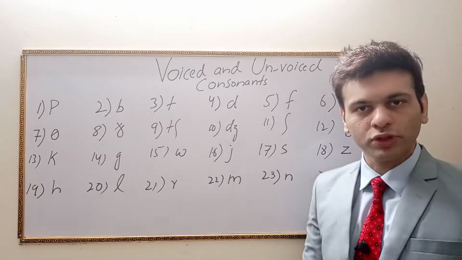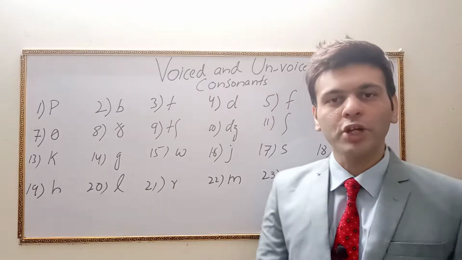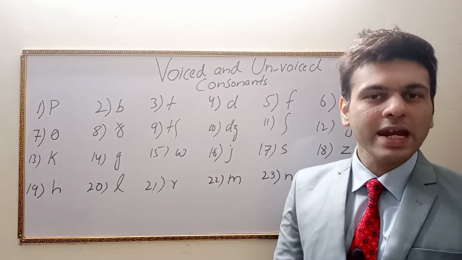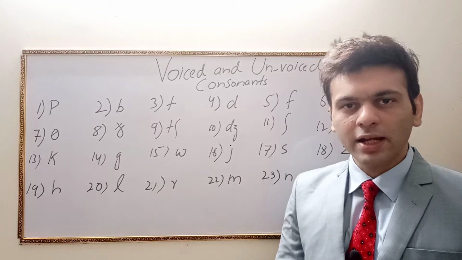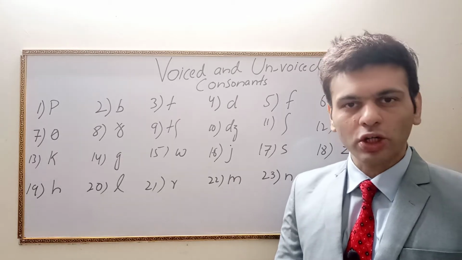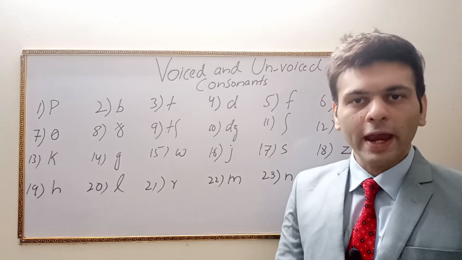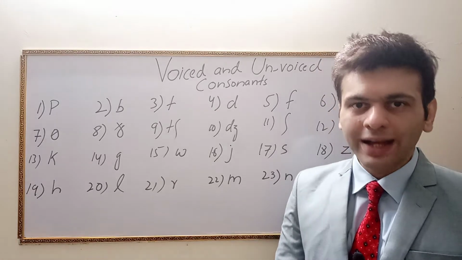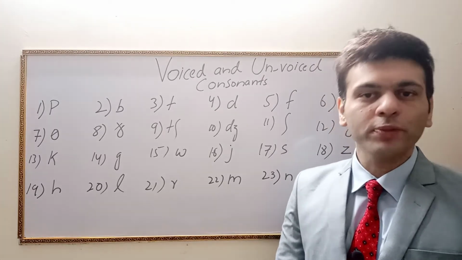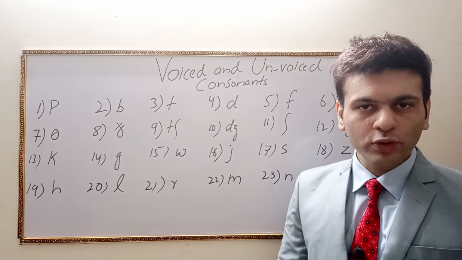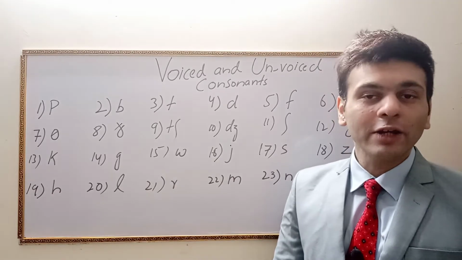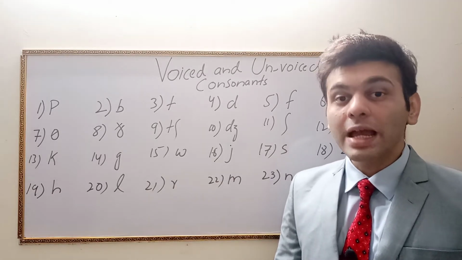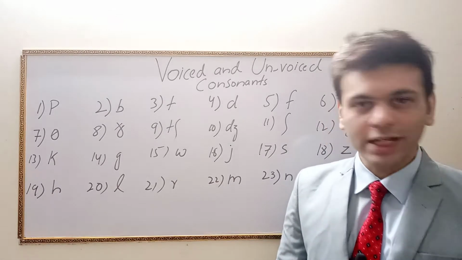First and foremost, it's very pertinent to mention that we never understand the features of consonants and vowel sounds if we do not understand how and where these sounds are produced. When I refer to how, it means the manner of articulation.